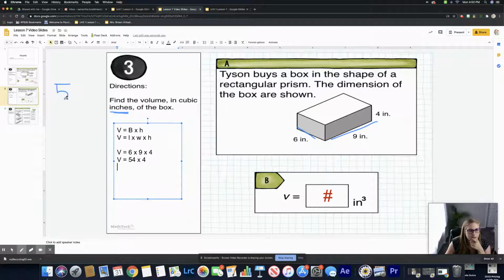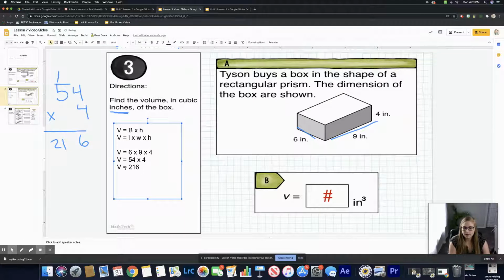So 54 times 4. So 4 times 4 is 16. 4 times 5 is 20, plus 1 is 21. So my answer, volume equals 216.